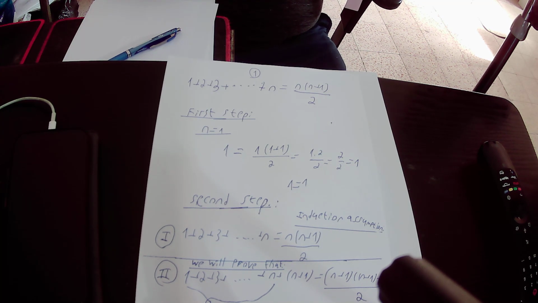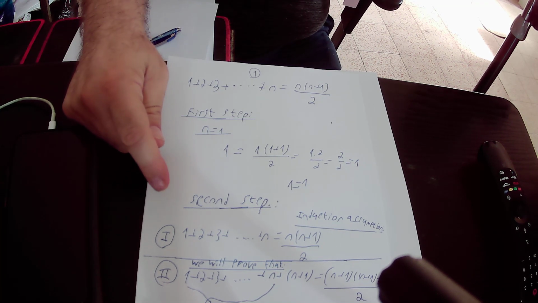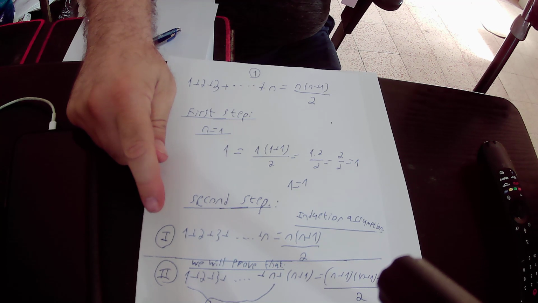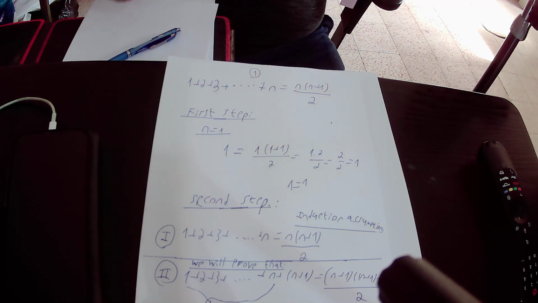And from the fact that it is true for 2, it must be true for 2 plus 1, that is 3, according to our general proof.